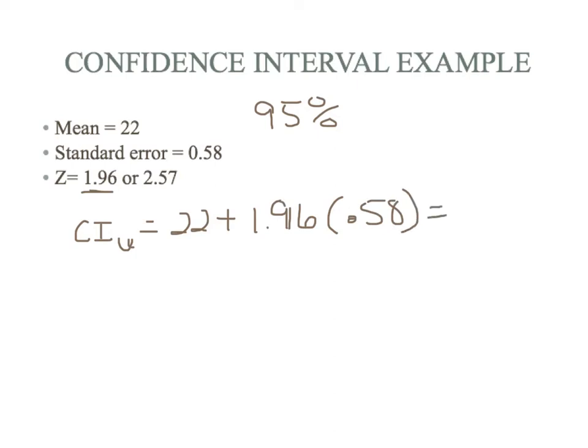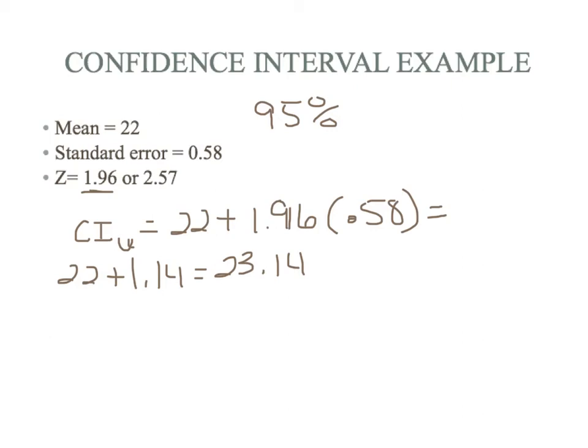So we're going to have 22 plus 1.14, which equals 23.14. So that is our upper bound for our confidence interval.